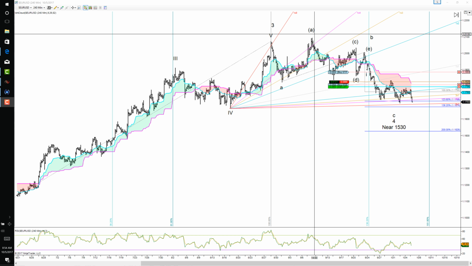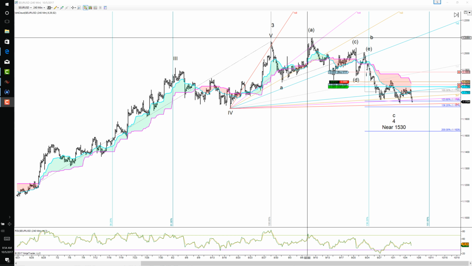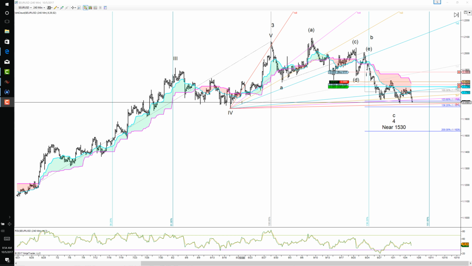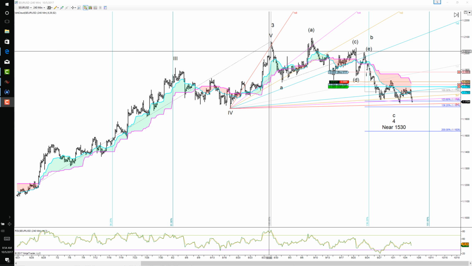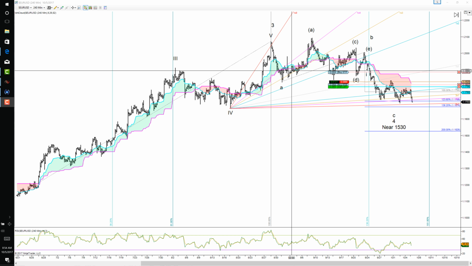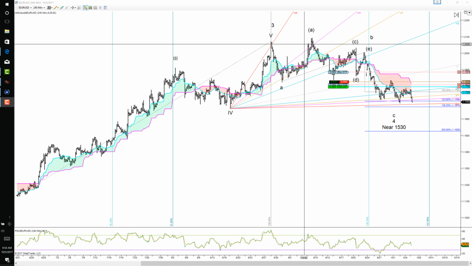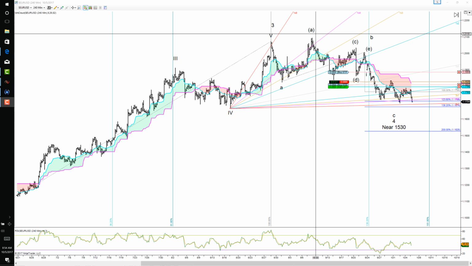So basically this will be the 3, the 4, and then basically here. If you count this as a 3, 4, you'll see 1, 2, 3, 4, then 1, 2, 3, 4, 5, and that'll be the end of the 5-wave move up.